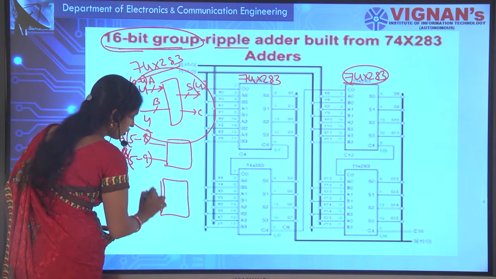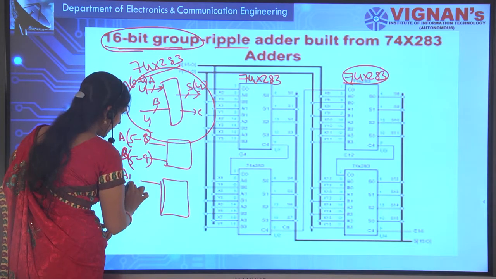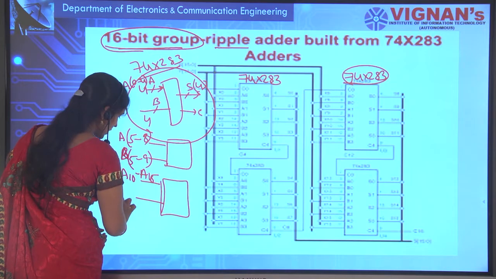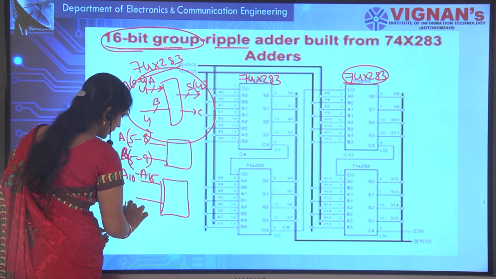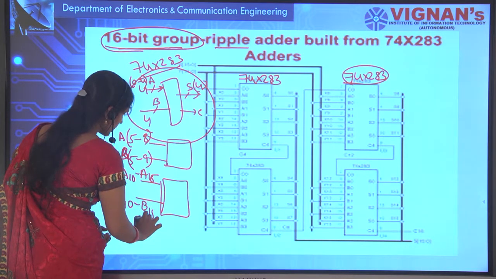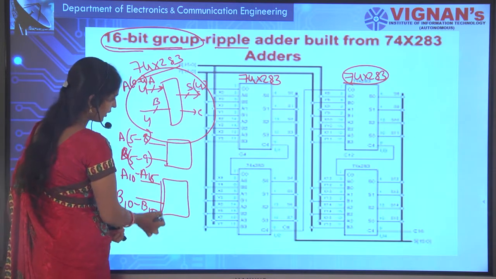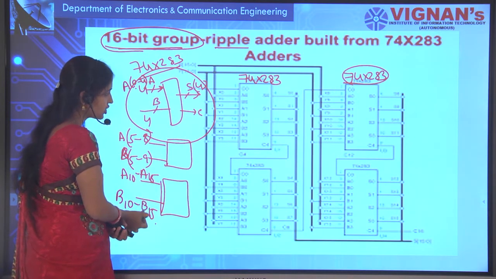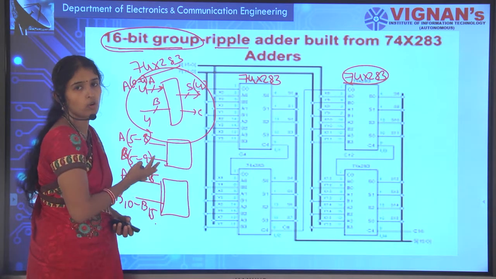Again, one more adder takes from A8 to A15, at the same time B8 to B15. So I am generating like A0 to A15, like 16 bits. A is taking 16 bits and B is taking 16 bits into 4 adders.